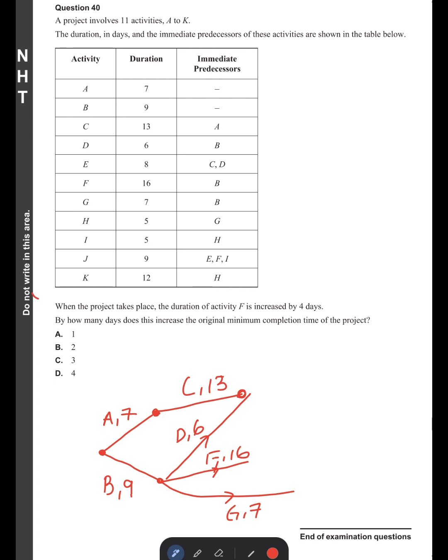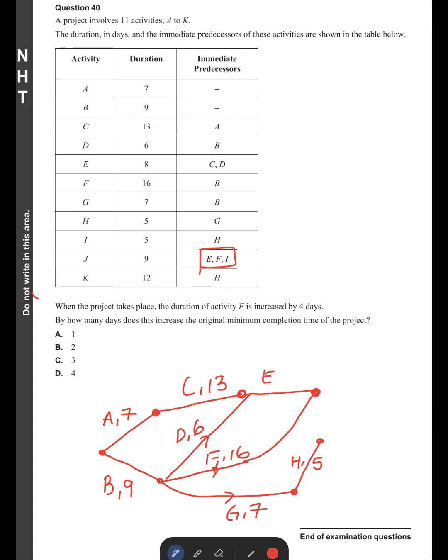Now, coming off G, I've got H, which is 5. Coming off H, I've got I, and then I've got all these ones. So E, F, and I have to all connect up. So E comes off C and D. So that means F needs to connect to that.